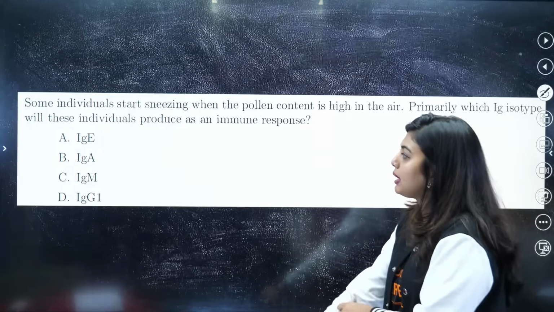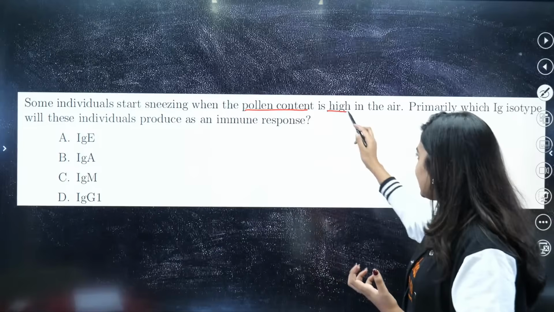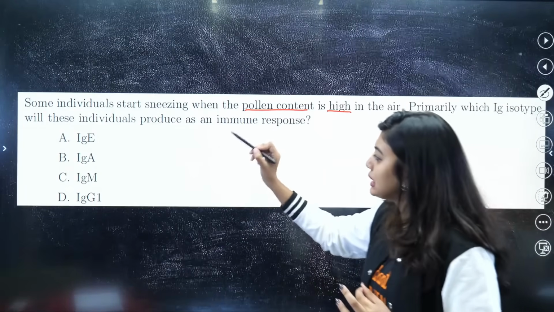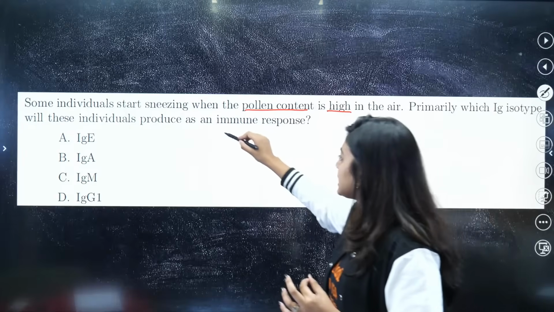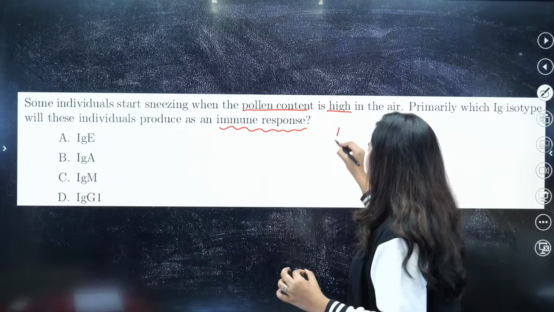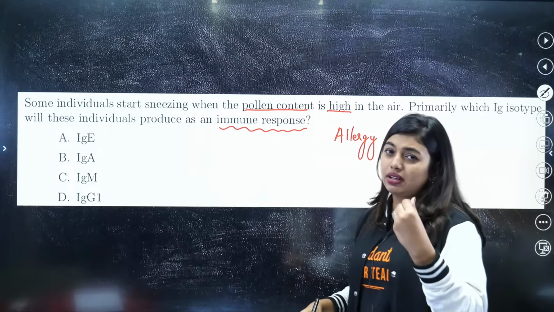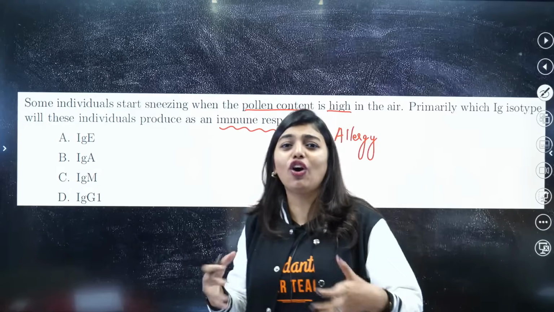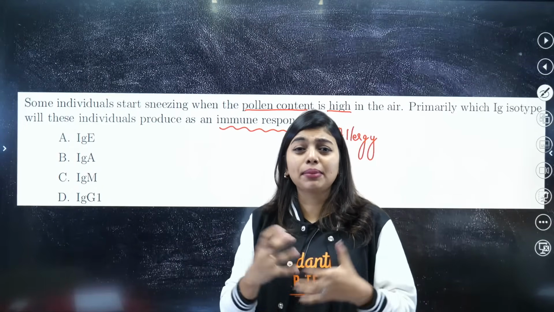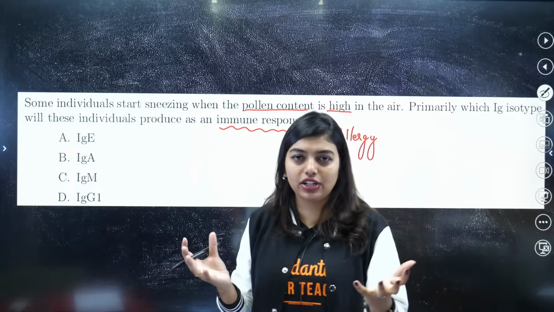Awesome. Some individuals start sneezing when the pollen content is high in the air. Primarily, which Ig isotype will these individuals produce as an immune response? Anytime you see an allergy, any kind of allergy, pollen allergy or walnut, peanut, all the nut allergy, or some people have allergies with silica, dust, asbestos, so many kinds of allergies people have.